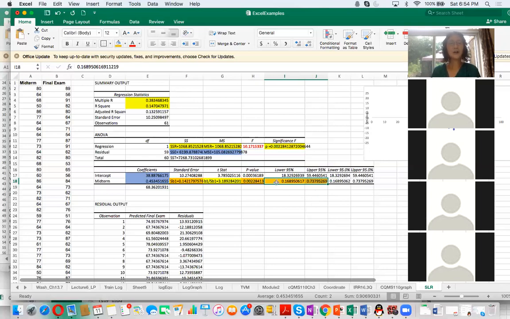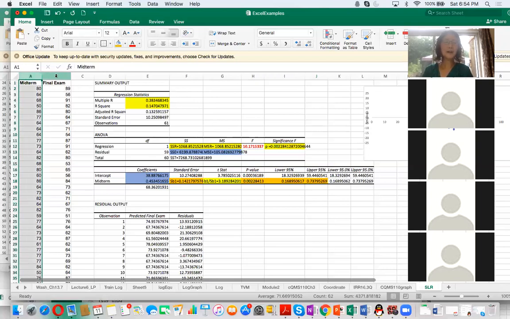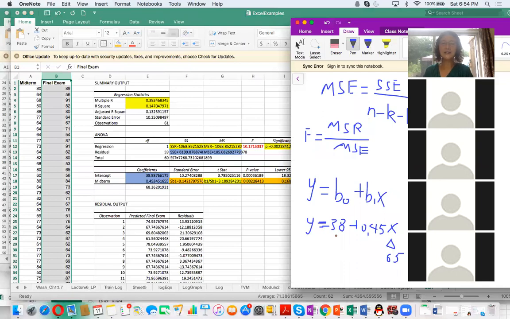So in this example, based on the midterm and final exam marks, we get a linear regression equation. And we can also answer the question: is there a linear relationship between X and Y?